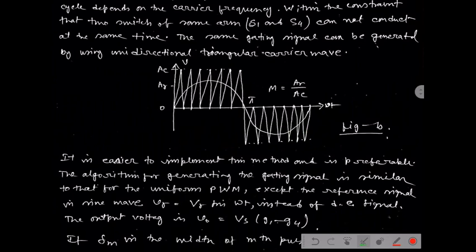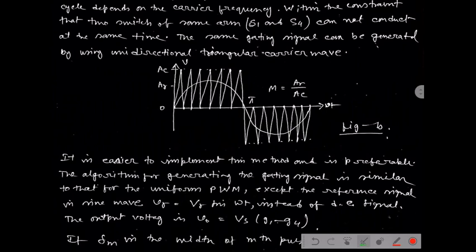If we are using a sinusoidal wave for the reference signal, then we should implement the carrier signal as a repetitive triangular waveform, which is bipolar. In this case we are using two sinusoidal waves.